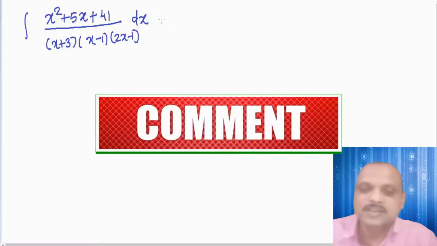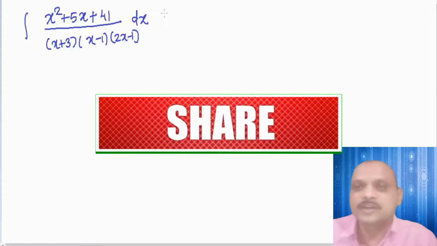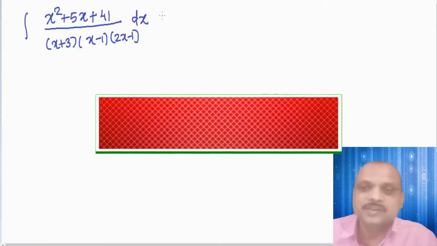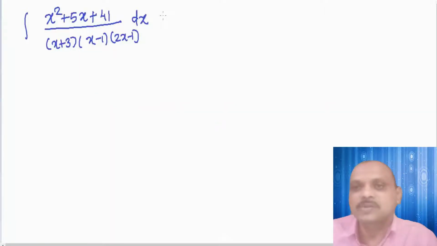You can see that the degree of the numerator is 2 and the degree of the denominator is 3, x into x into 2x, that is 2x cube. Therefore we need not divide the numerator by the denominator.